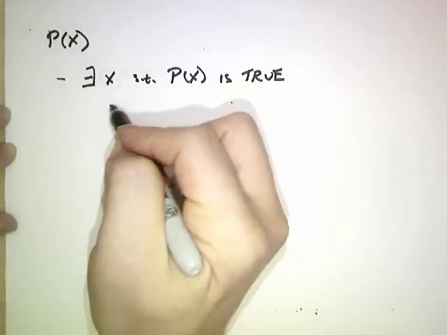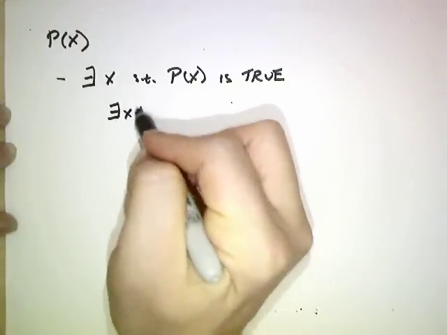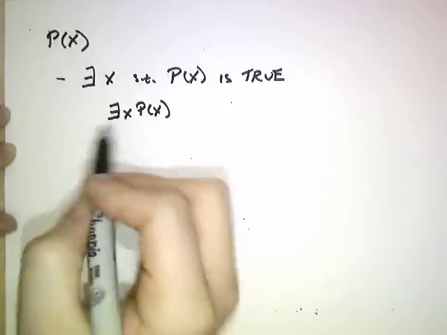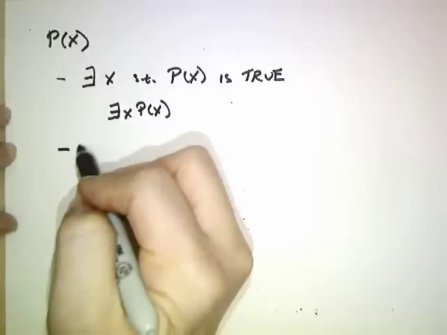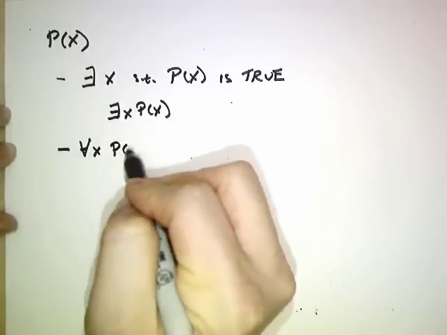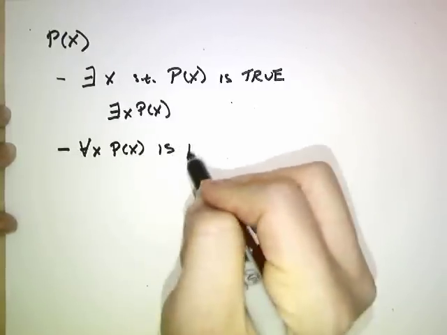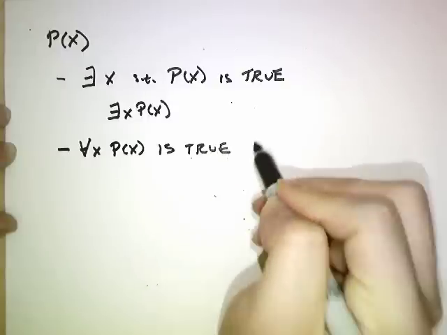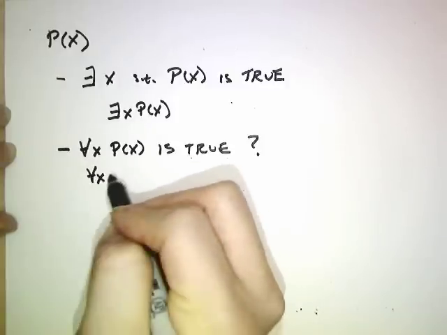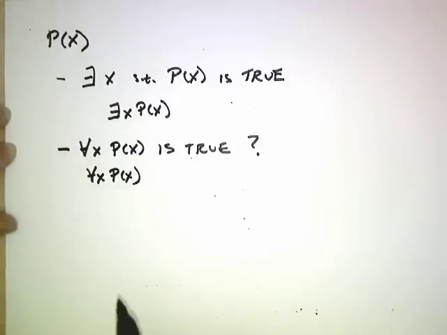This is often written, there exists x, p of x. We want to know, is this true or false? Another question that we'll be looking at is, is it the case that for every x, p of x is true? Sometimes this is written for all x, p of x.